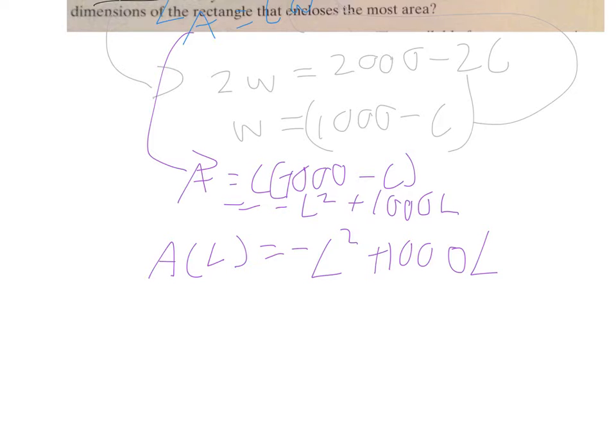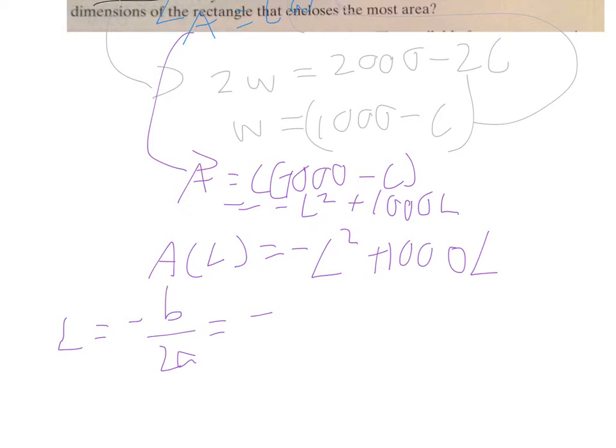Now what we can do is find the maximum value. Since there's a negative in front of the L squared, you know it faces downward. So the formula for the x-coordinate of the vertex, which in this case gives you the maximum, is negative b over 2a.